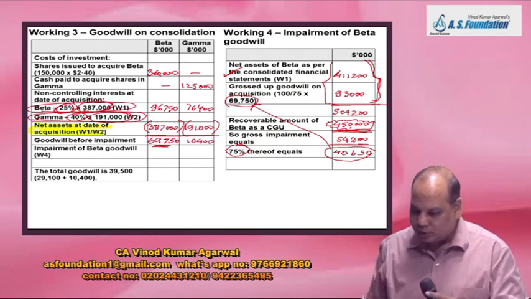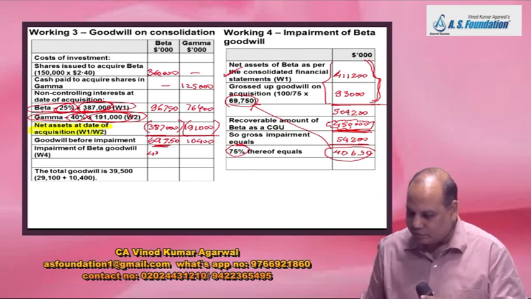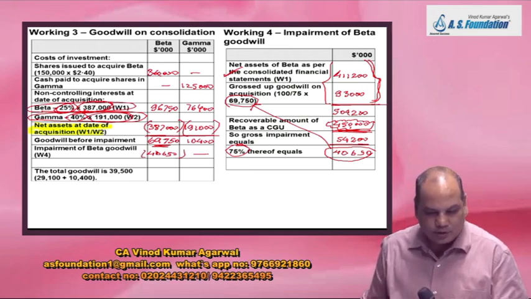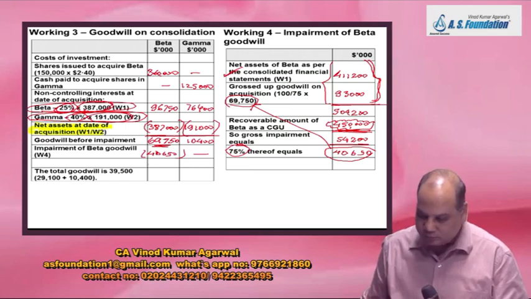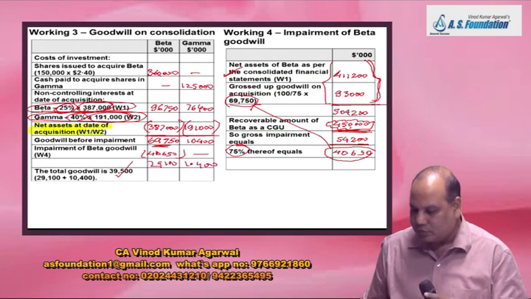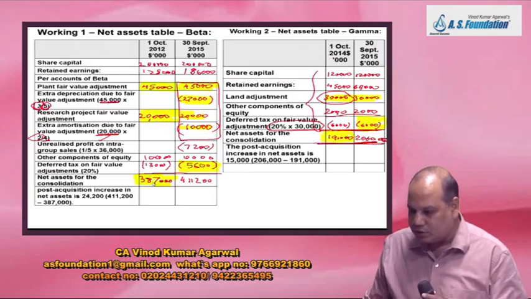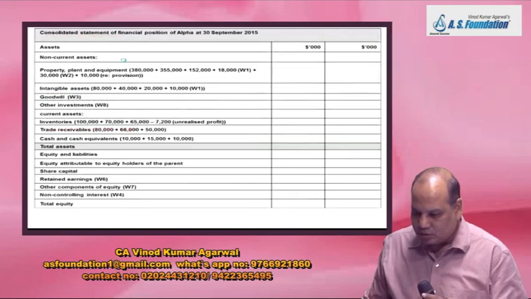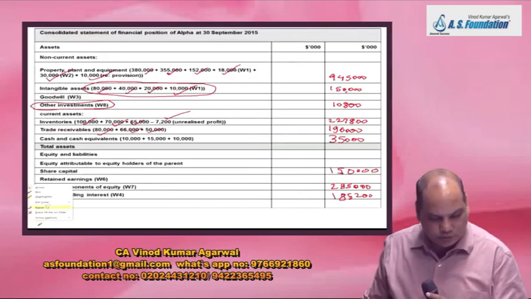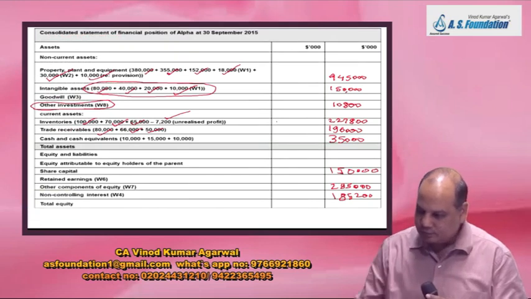Impairment of beta goodwill, right here, 40,650 in bracket. So balance goodwill is how much left here? 29,100 and this is 10,400. Total goodwill 39,500. Write in balance sheet: goodwill, working note 3, 39,500.